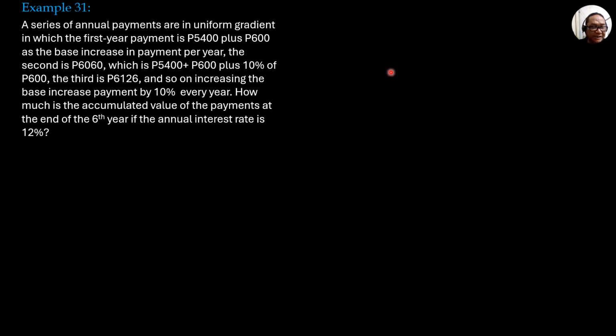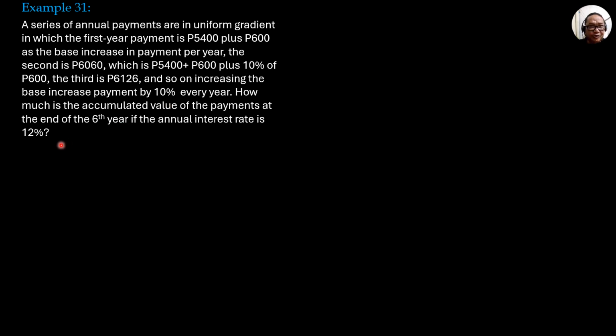We project each value to the future by multiplying by 1 plus i, 1.12 raised to the power n, where n is the number of spacings to the end of the sixth year, and that can be counted.